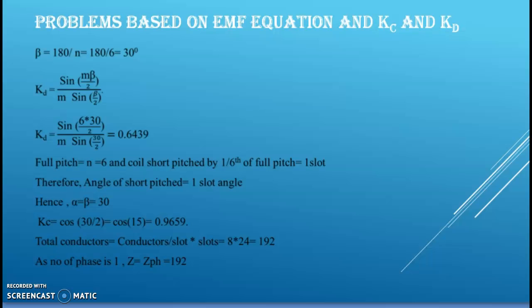Then we have to think about the total number of conductors, which is conductors per slot into number of slots. There are 8 conductors in each slot into 24 slots, so it will be 192. Again our alternator is single phase, so ZPH is equal to Z. So ZPH is again 192.